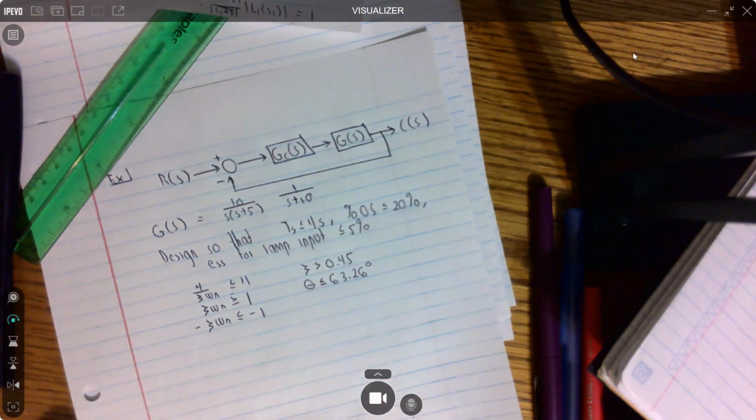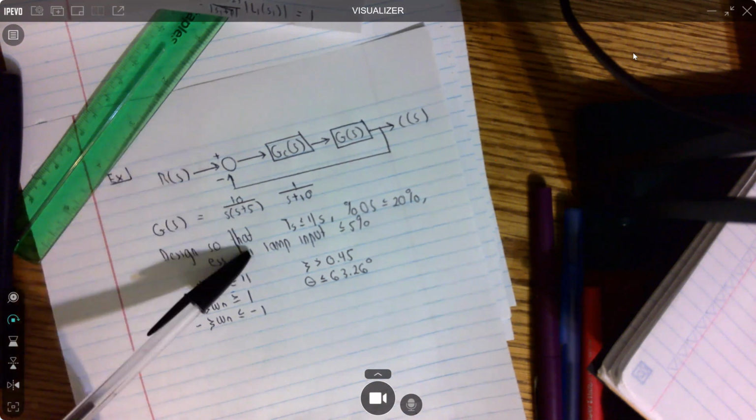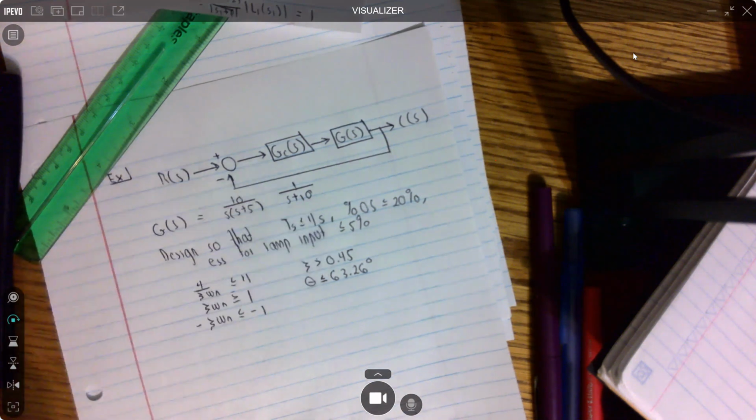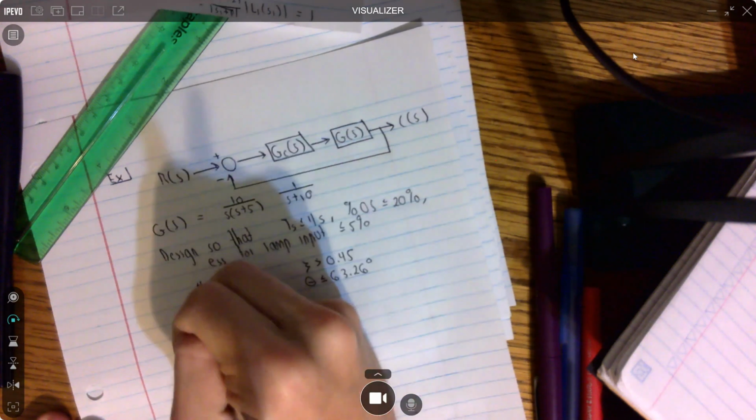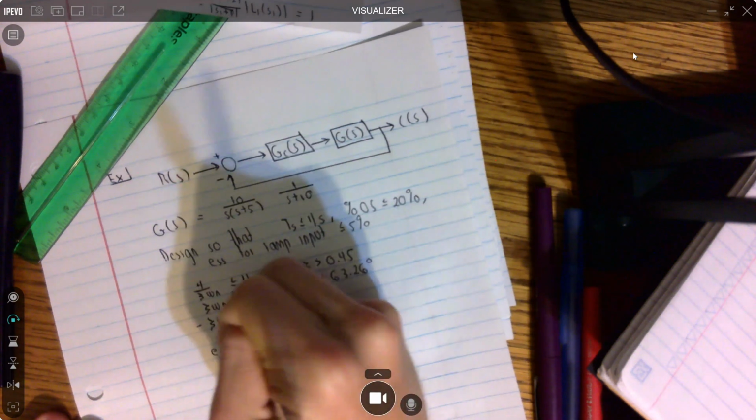And then your steady state error has to be less than 5%. So that's what we have to determine here: how do we ensure that our steady state error is less than or equal to 5%. Remember, this is telling you that your steady state error has to be less than or equal to 0.05.